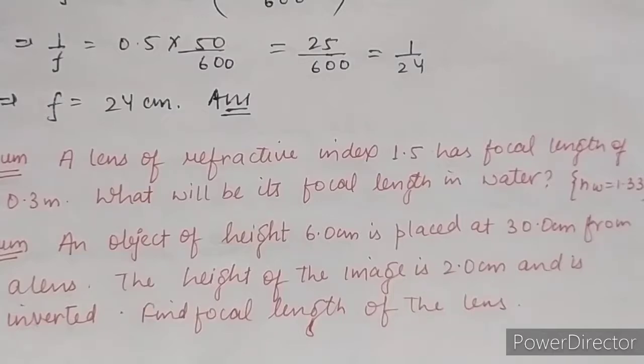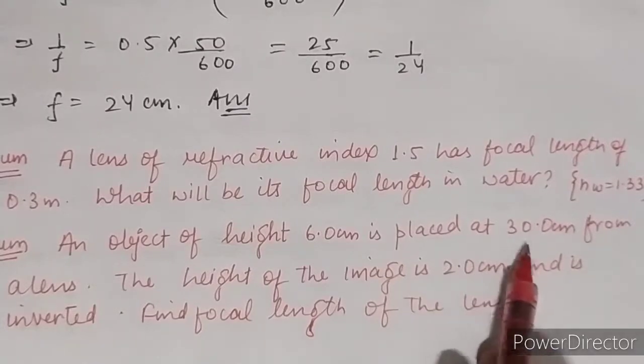Okay, the heights have been given and you have to find the focal length, and it has the formula, beta. Magnification is equal to height of the image upon height of the object, is equal to f upon u plus f, okay, and the value of u has been given. It is placed at 30 centimeter.